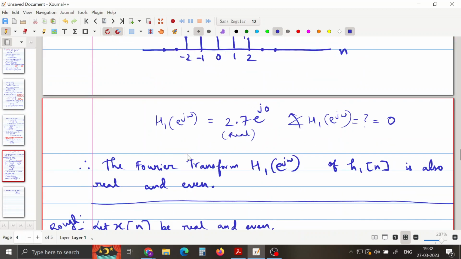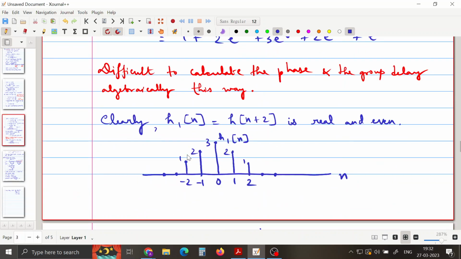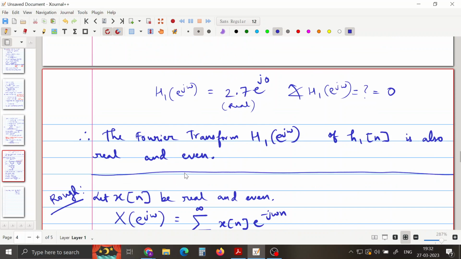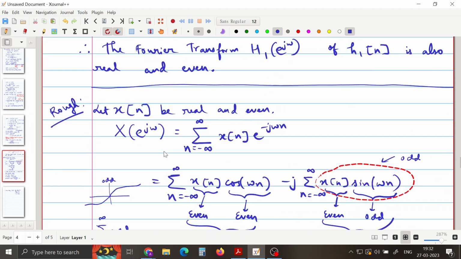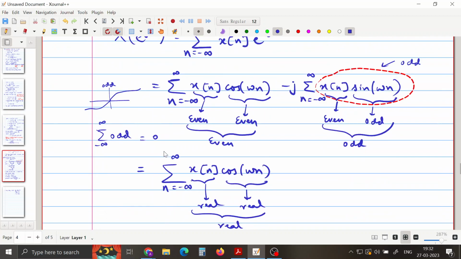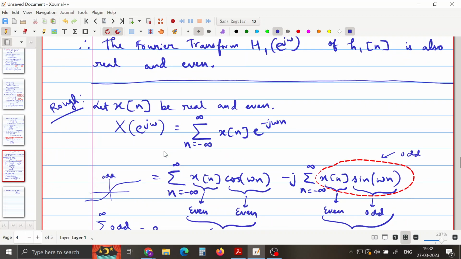And then since h1 of n is already a real valued as well as even impulse response, we concluded that its Fourier transform will also be real and even, and I have proved it here. So this is the proof.